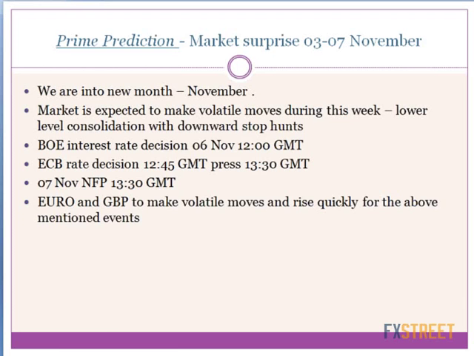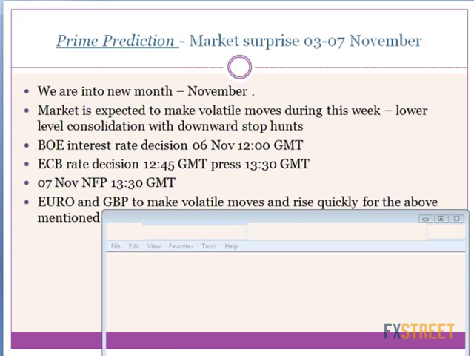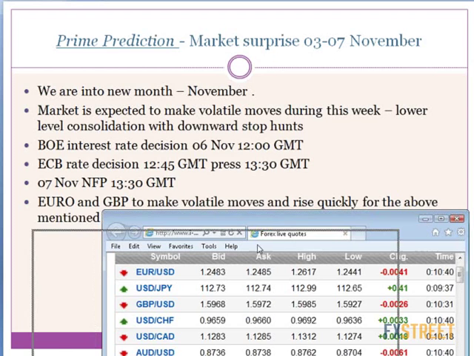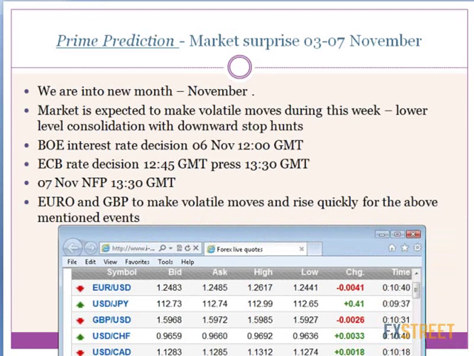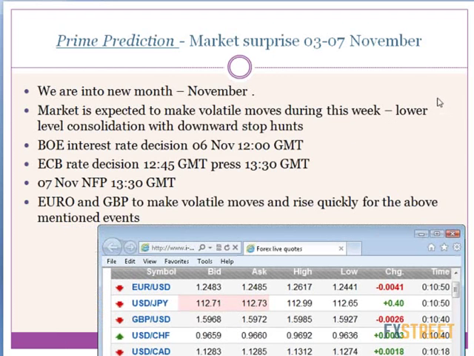So now you find that Euro and GBP are near the low set for the season. So obviously, when they are near the low and we are coming closer to the year end, we know very well they are trying to accumulate the buy positions here. So they are doing the lower level consolidation with frequent downward stopping.